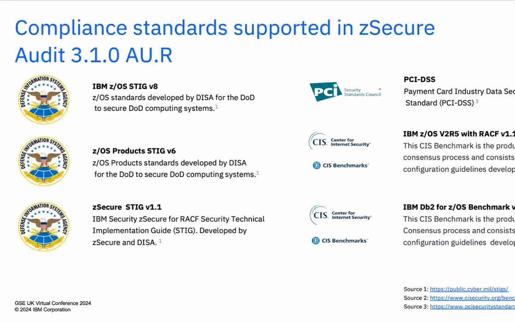There are about 32 products, if I'm not mistaken, at the moment. For each of those, there are different standards with different versions also. They're all under version 6, but there are some differences between the products themselves. And then the new feature also, zSecure STIG.